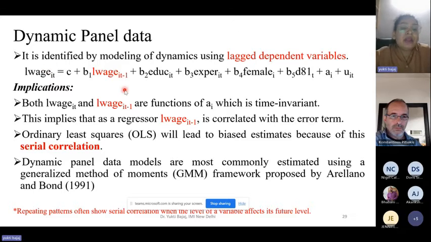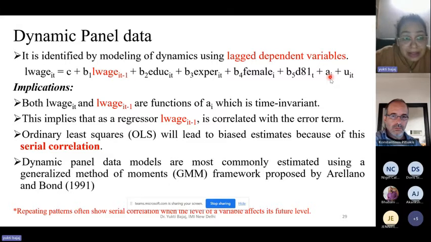All right, so what is the implication the moment you take it? Very importantly, note, this ability was impacting my wage here, unobservable ability. And if you see, it is not variant across time. That means no matter what the t minus 1 is here, this a_i remains the same.